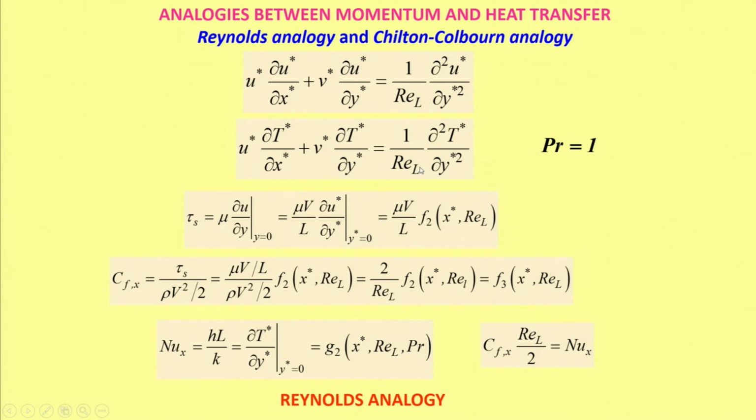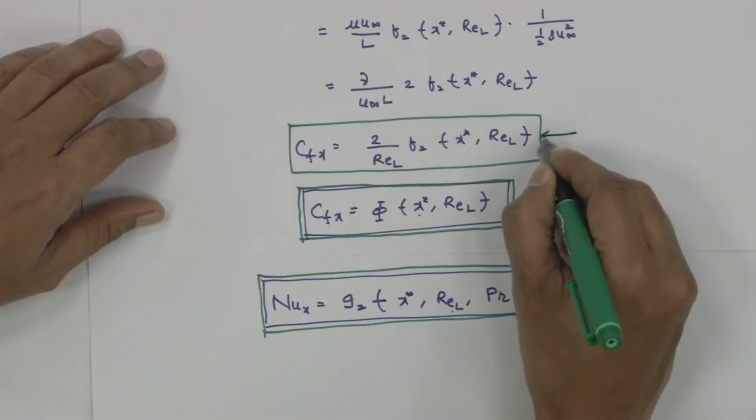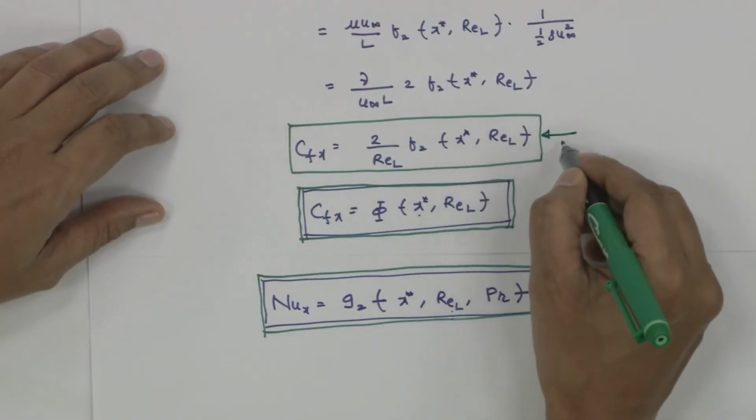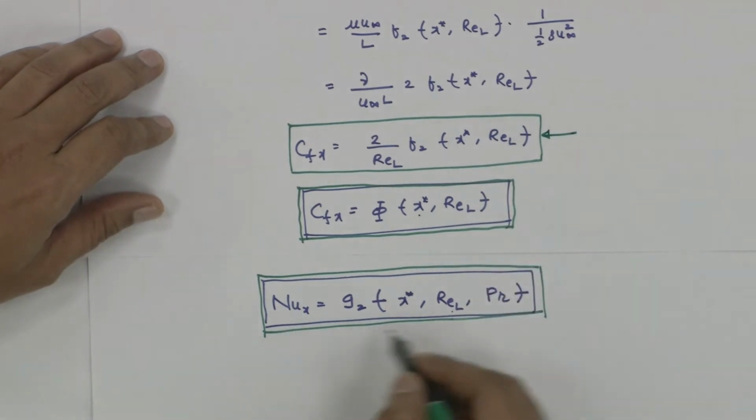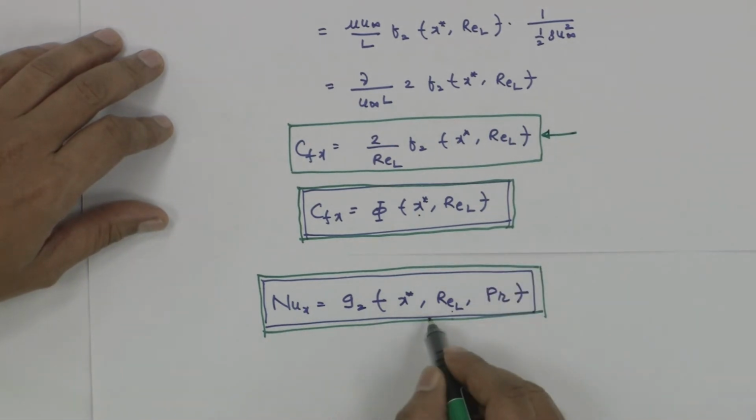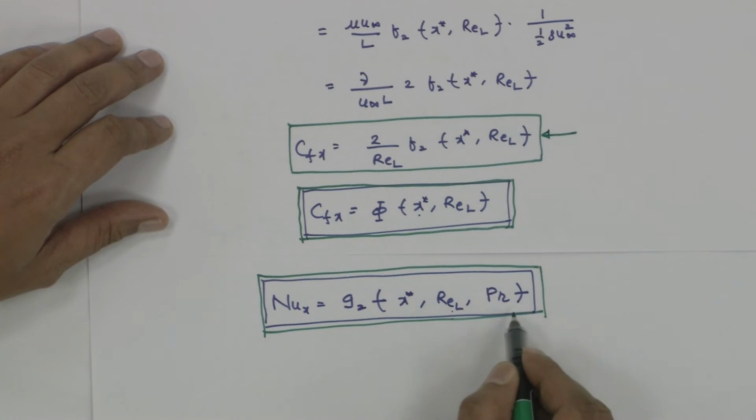Now, if I see Reynolds analogy, these two equations are similar. Actually, I had Prandtl number, so if I put Prandtl number equal to 1, these two equations are similar. Then I have Cfx equal to 2 by Re_L f2(x*, Re_L), and Nu_x equal to g2(x*, Re_L, Pr).